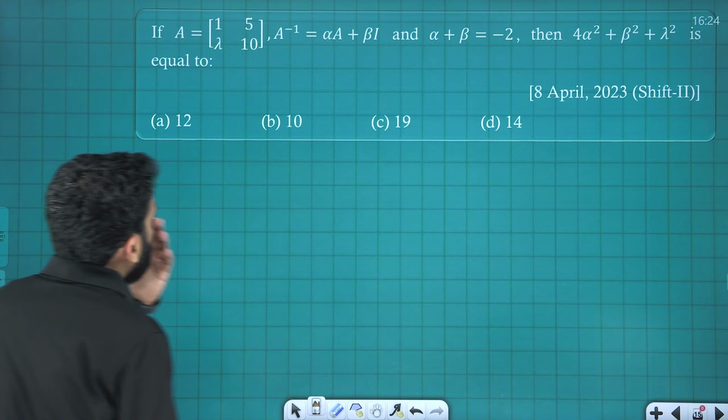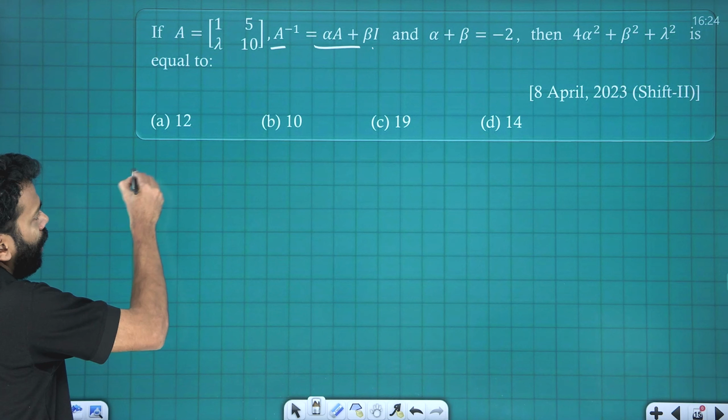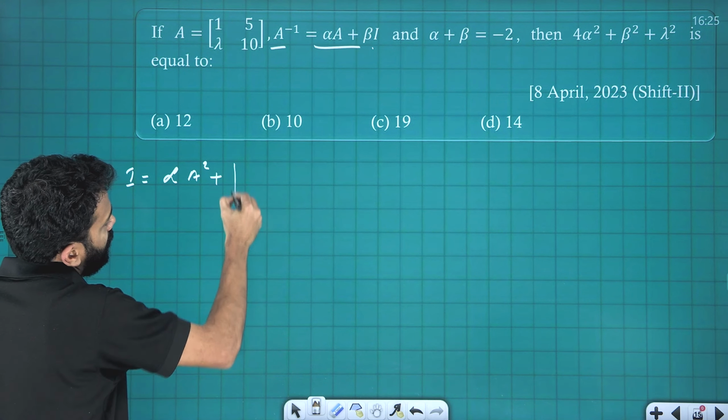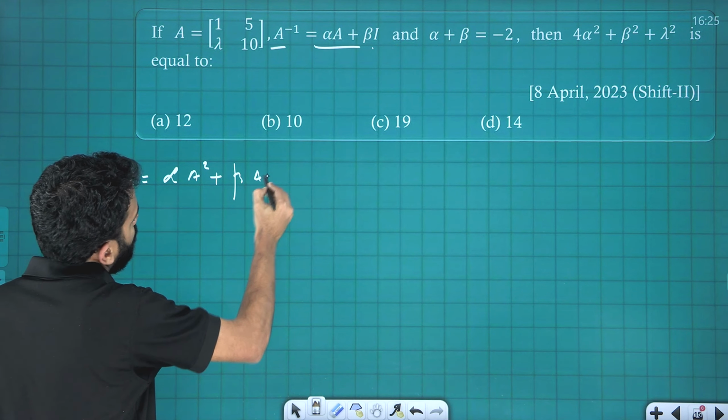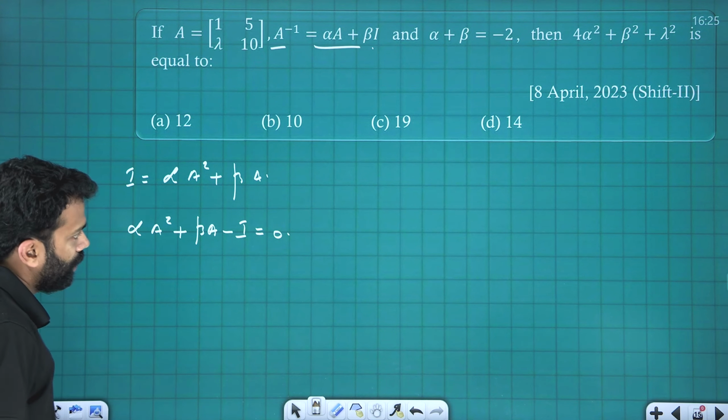We can do that. So what I am going to do is, I am multiplying both sides with A. As I did before, it will be I is equal to alpha A square plus beta A. If I take I to the right hand side, it will be alpha A square plus beta A minus I is equal to 0. Okay.